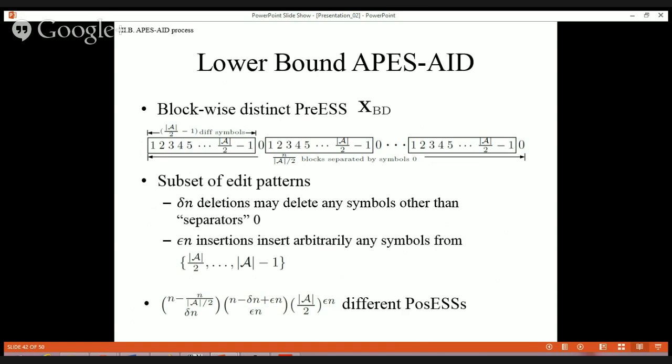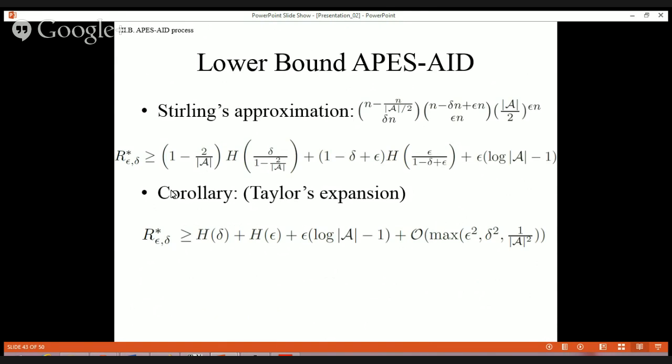We can show that the post-edit source sequences, obtained by applying this subset of edit patterns to this pre-edit source sequence, are all different, and the number is given by this term. And by Stirling's approximation, we derive our lower bound for the optimal rate.